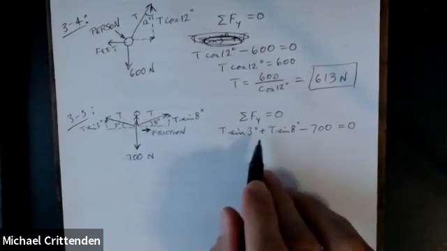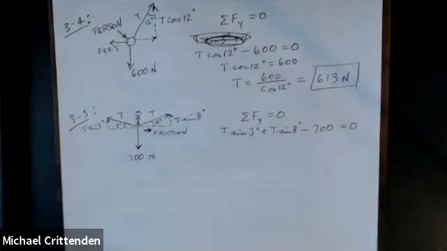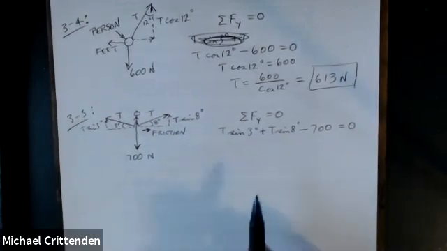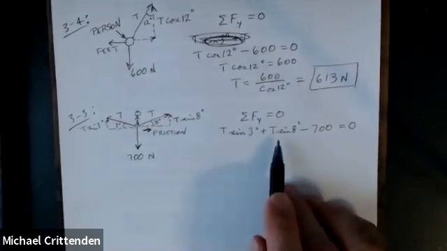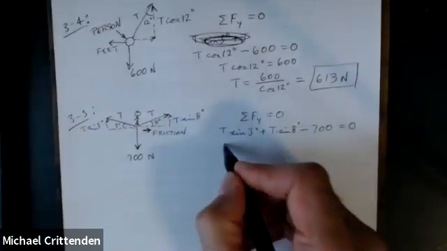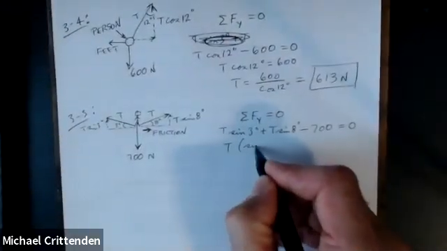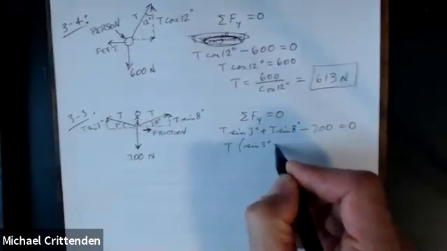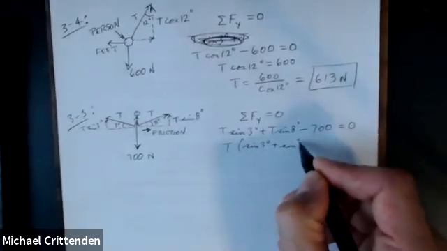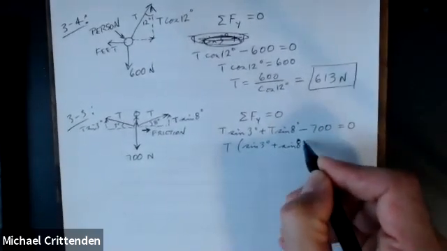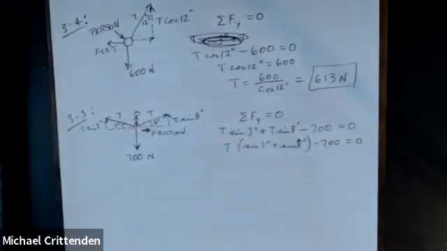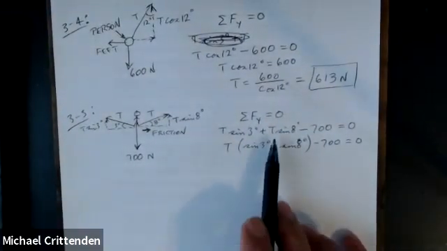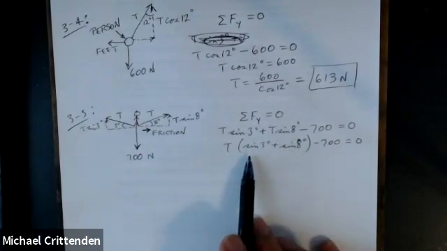We're supposed to solve this for T, that's what the question asks for. Well, combine the like terms. So the distributive property.